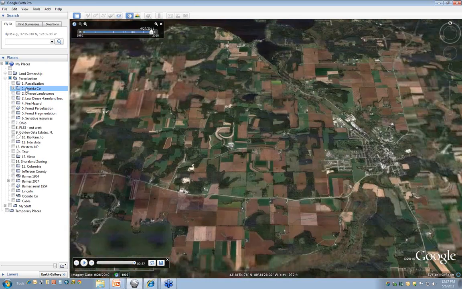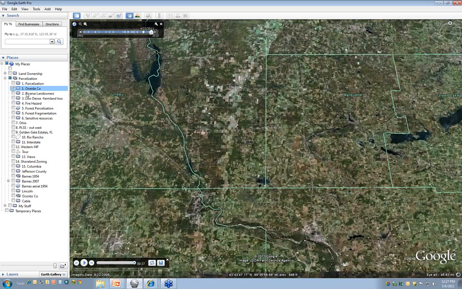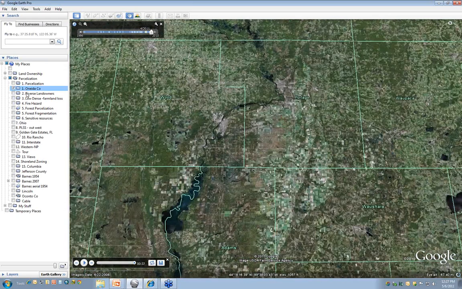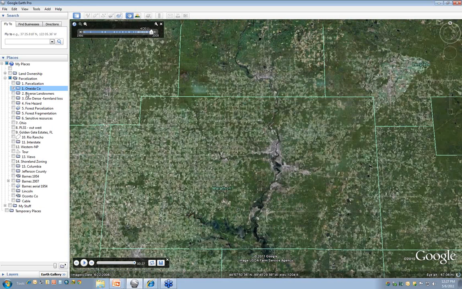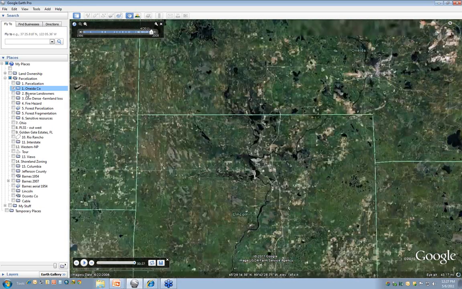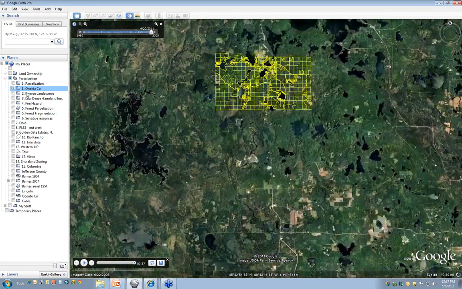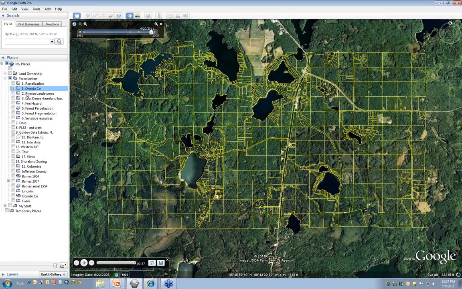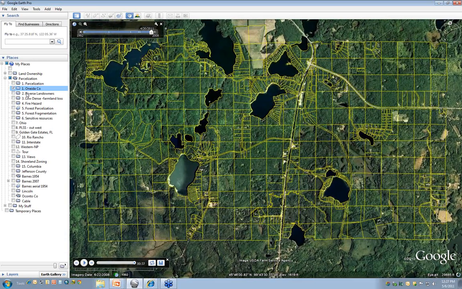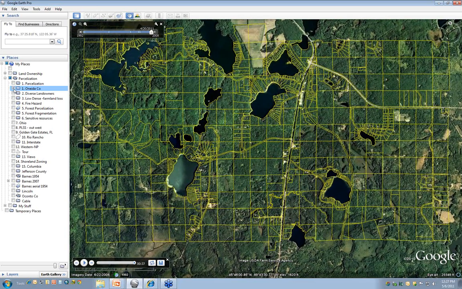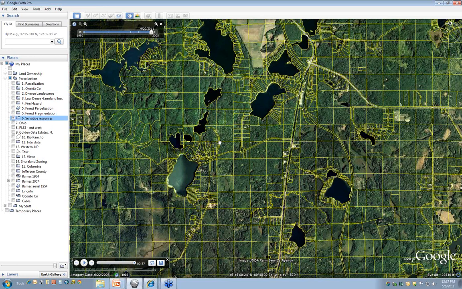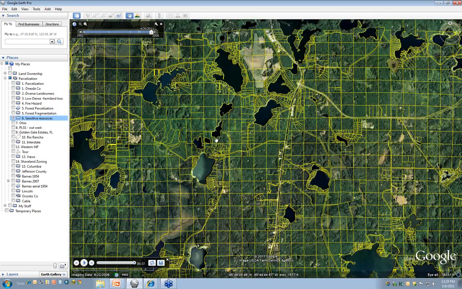So now we're going to go back up to northern Wisconsin, where we have an abundance of freshwater inland lakes and a lot of parcelization and development. In this example, you can see the amount and density of parcelization.